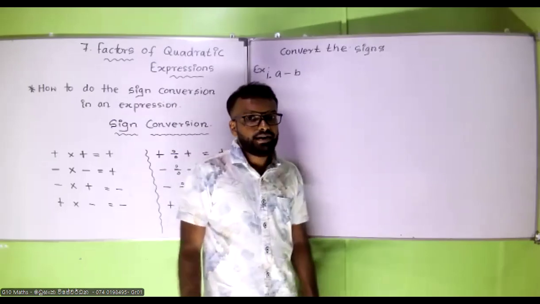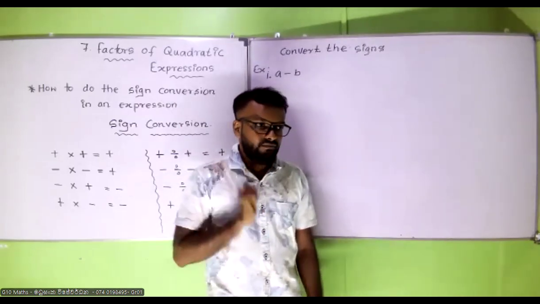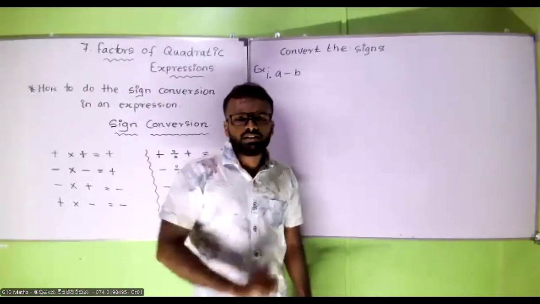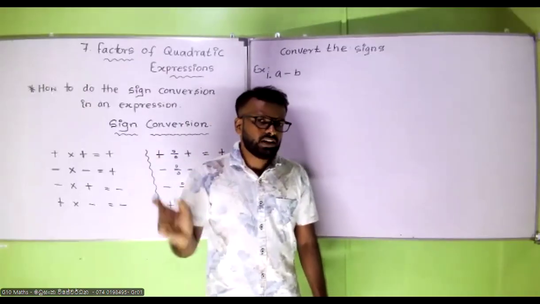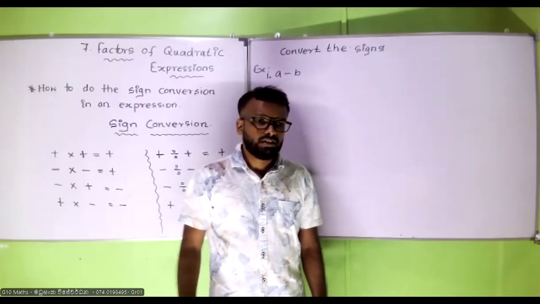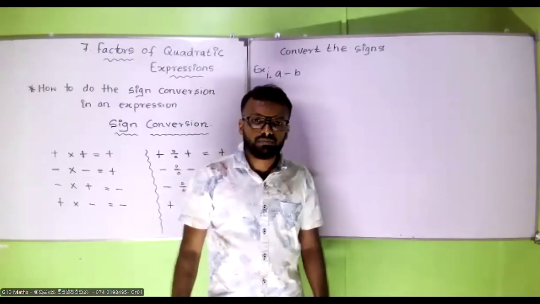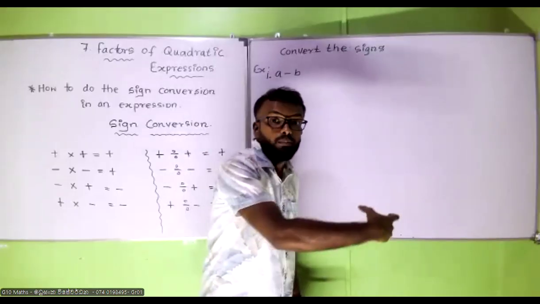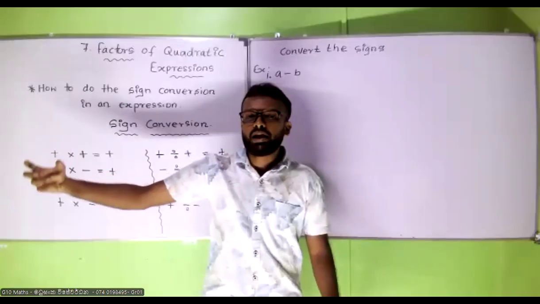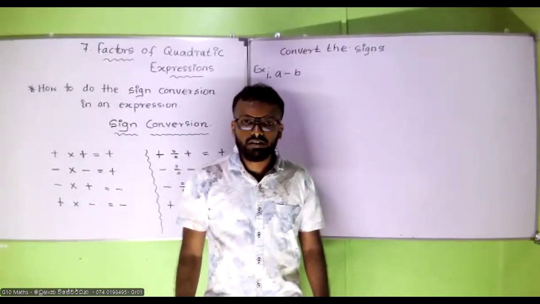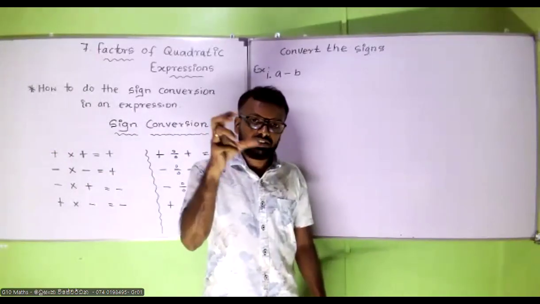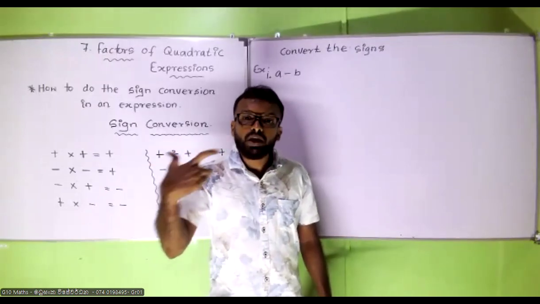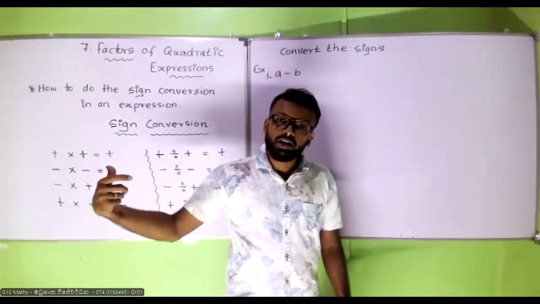Multiply the expression by negative 1. And what if you take negative 1 out from the bracket? That is very similar to multiplying an expression by negative 1.